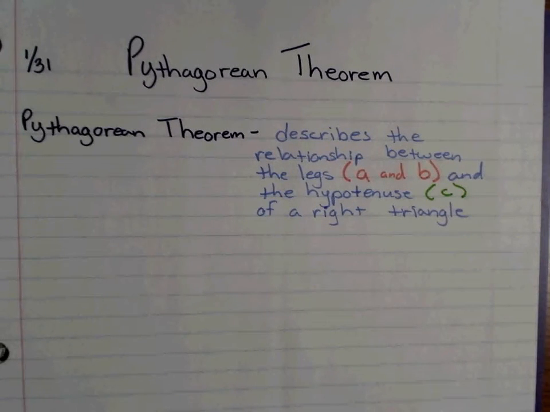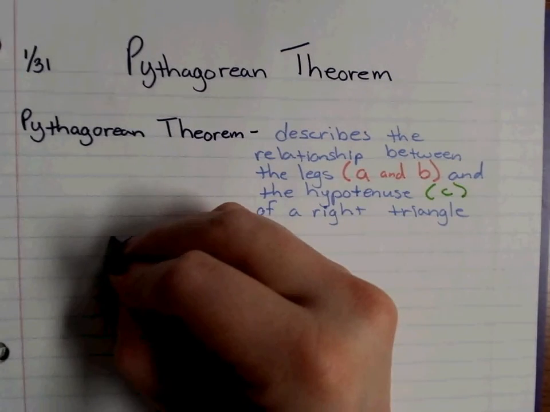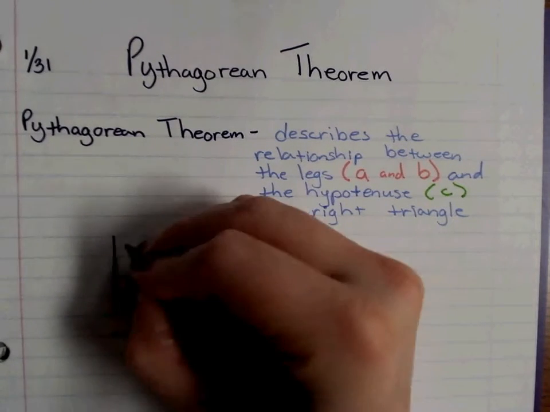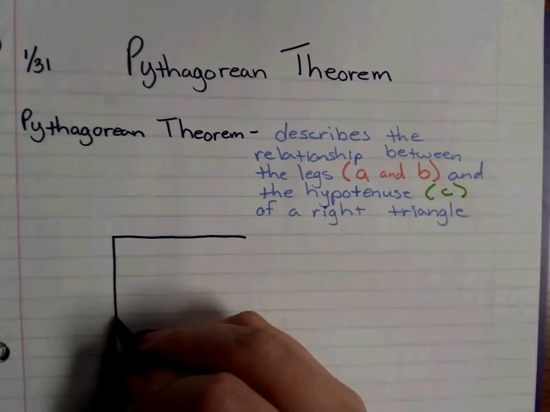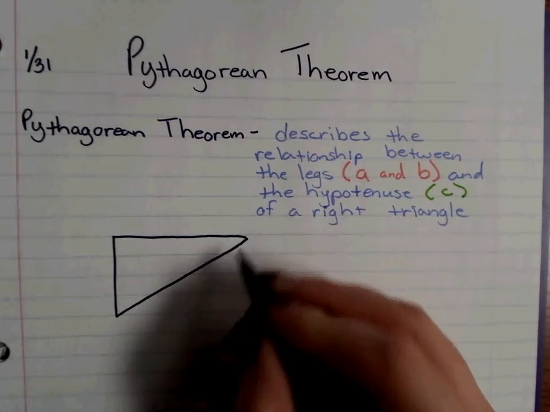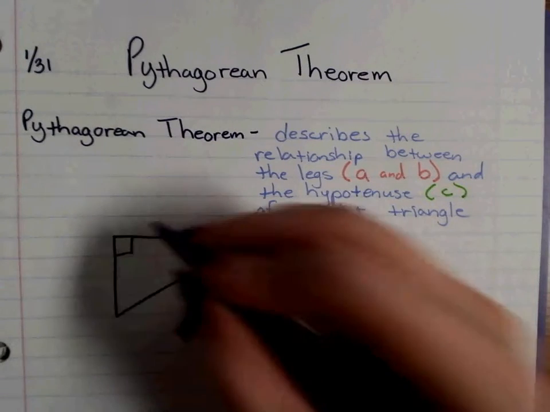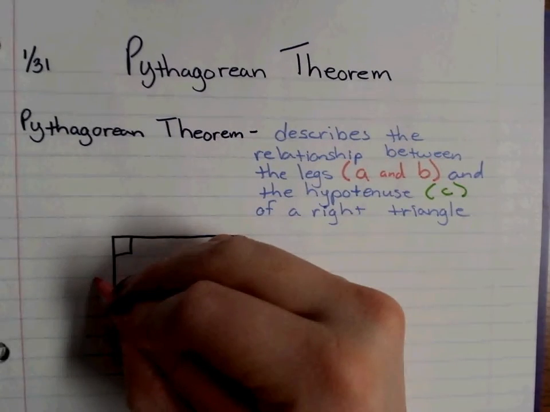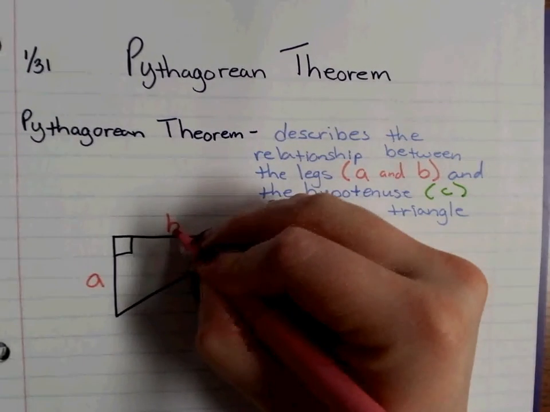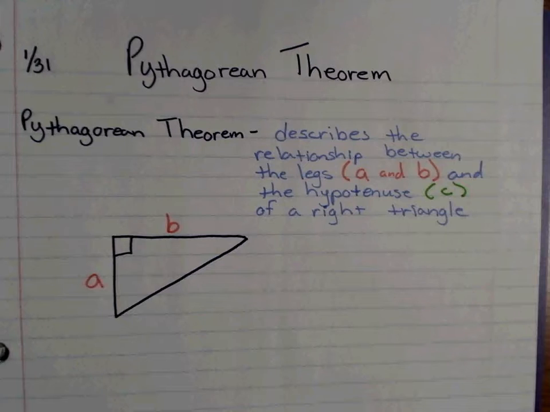Okay, so basically you have any type of right triangle. It doesn't matter how big or how small, as long as it's a right triangle. And when we talk about the legs, the legs are going to form that right angle.